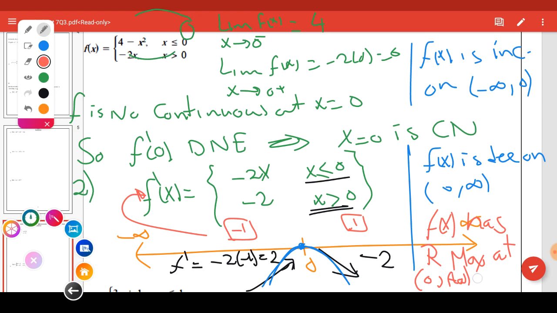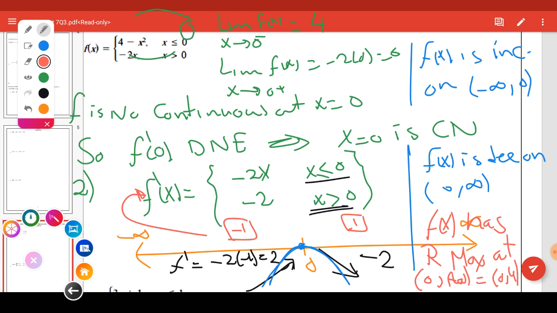The relative maximum point will be (0, 4). I substitute in the upper rule, such that 0 is in the subdomain of the upper rule. Clear or not clear?